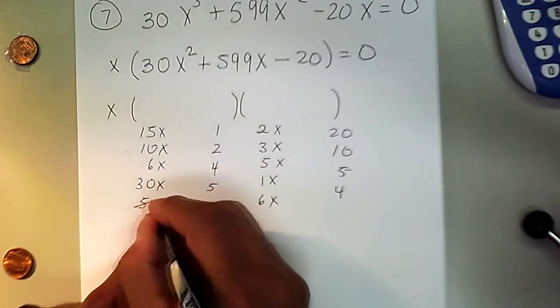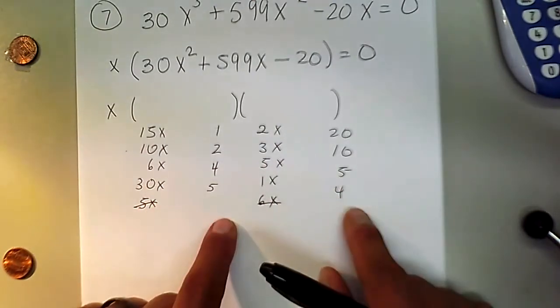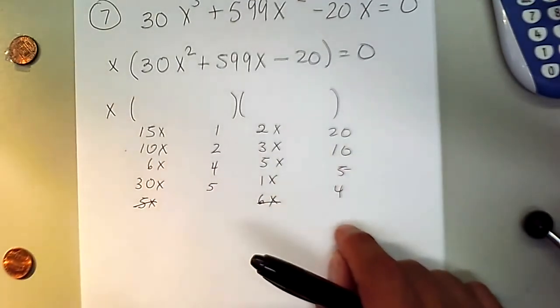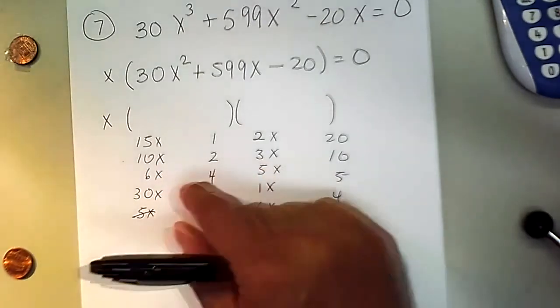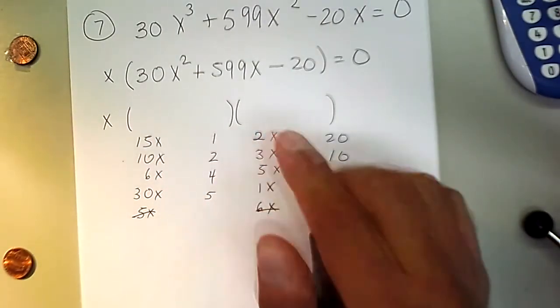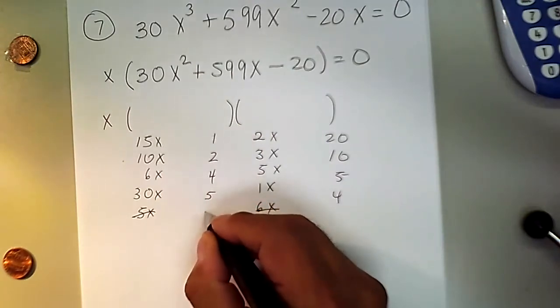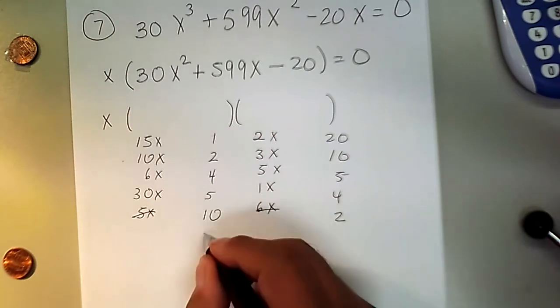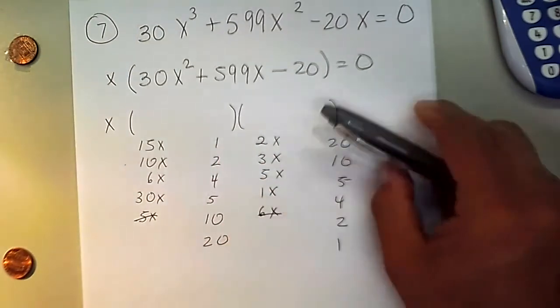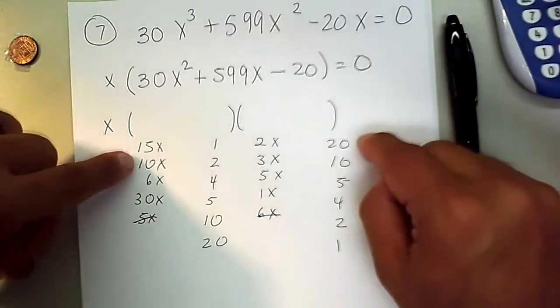So for instance, here, we don't include the switch, but this one should. Otherwise, we're going to be double switching. So let's continue our list. 1, 2, 4, 5, and then we can have 10 and 2 and 20 and 1. Fortunately, there aren't too many on this side.